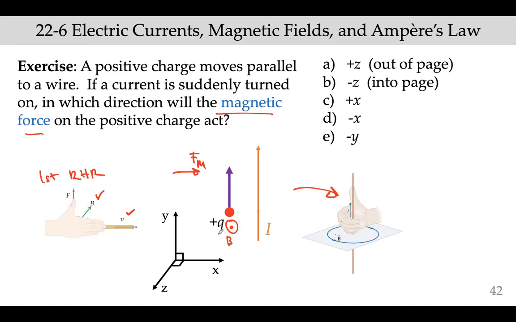Now, you have to check, do we have a positive particle or negative particle? Because if you have a negatively charged particle, you have to flip the direction of the force that you find from the right-hand rule. But in this case, we have a positively charged particle, so that's the correct force. So whatever your thumb gives you, it's the correct force direction for a positively charged particle. So it turns out the force is in the positive x direction according to this coordinate system.